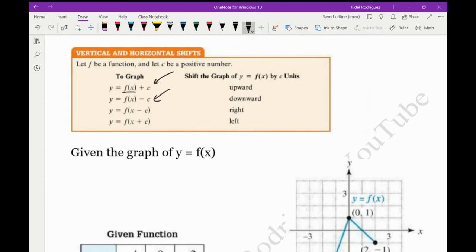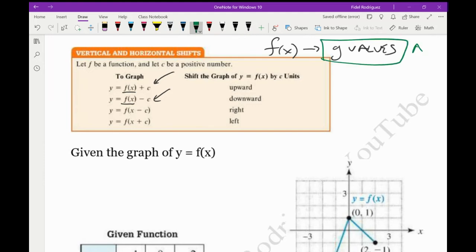So I want you to think about when it's just f of x, this is talking about my y values. If I have a plus c or a minus c, and that c, guys, is just going to be a number, like a +3 or a -5, that's going to be shifting my y values.